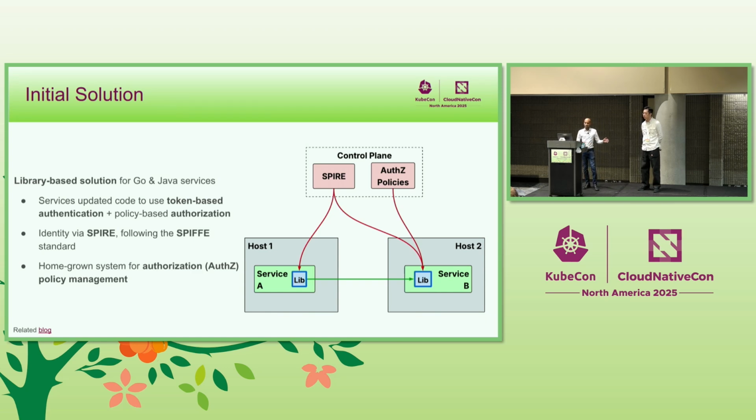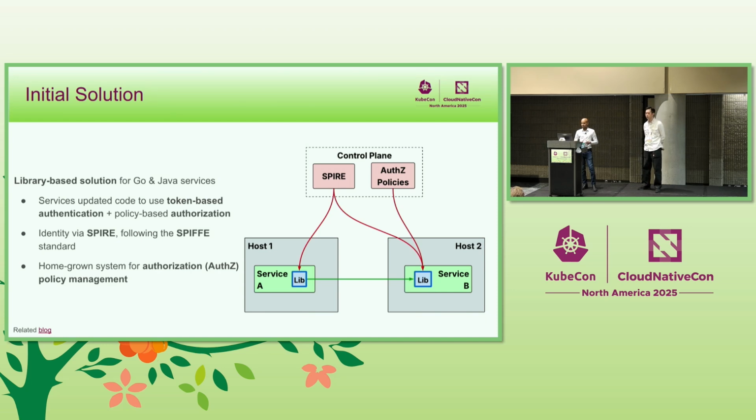So if a service A is calling service B, then on the caller side, this library goes ahead and works with SPIRE, gets an X.509 certificate from SPIRE, follows the SPIFFE standard, and utilizes that to create something called a JWT token. Nothing fancy there. And this JWT token is utilized to perform the authentication. On the callee side, on service B, the token is verified, so authentication is complete.